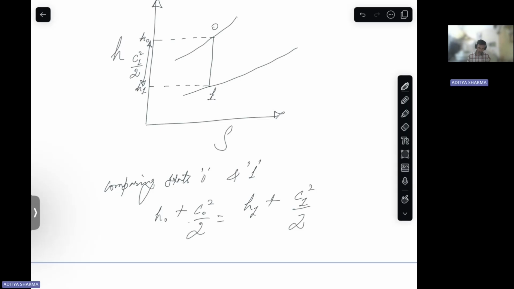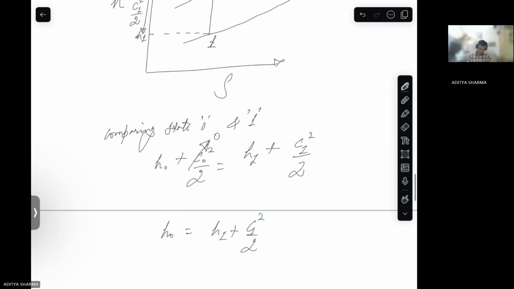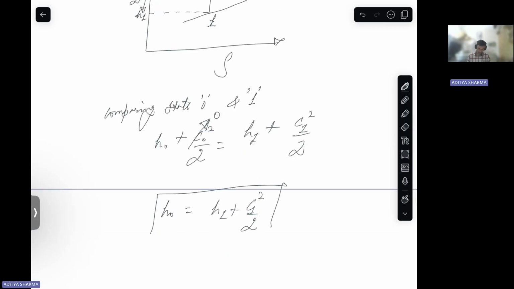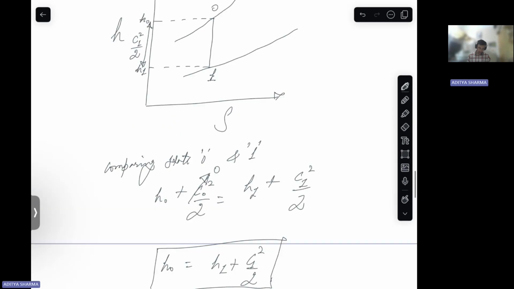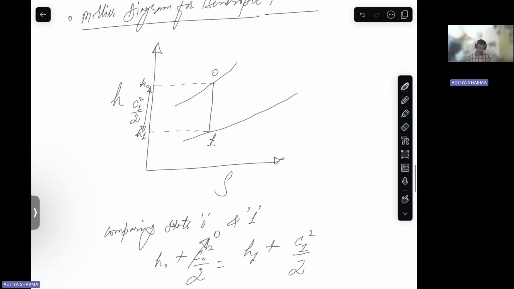Initially, if your C naught is 0 and we have the fluid in a static state, this expression becomes H naught minus H1 equals C1 square by 2, which you can also see on the Mollier diagram.